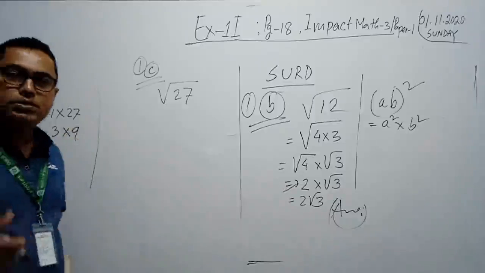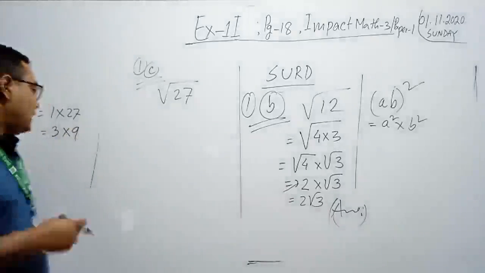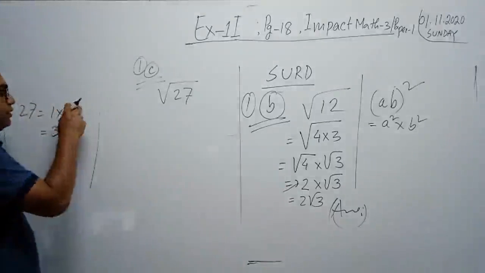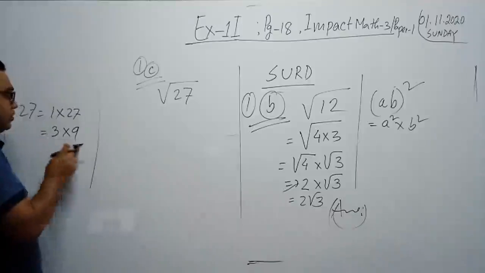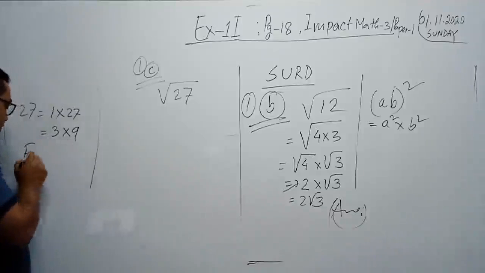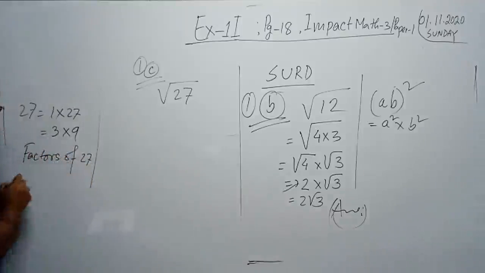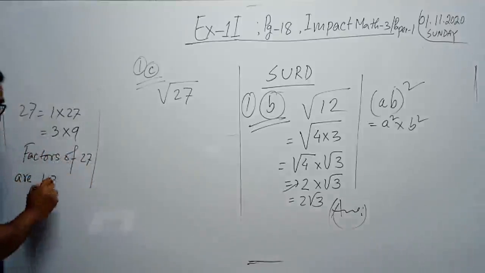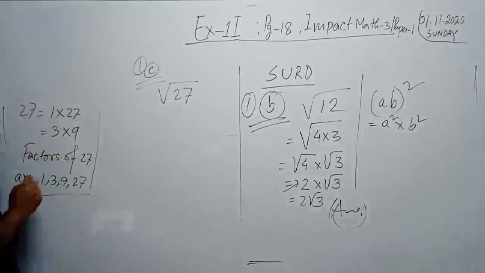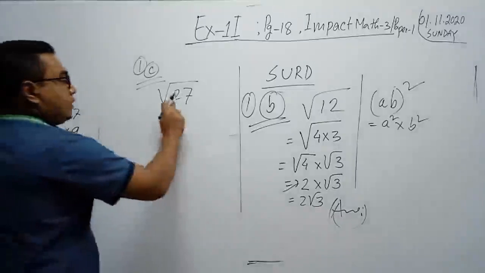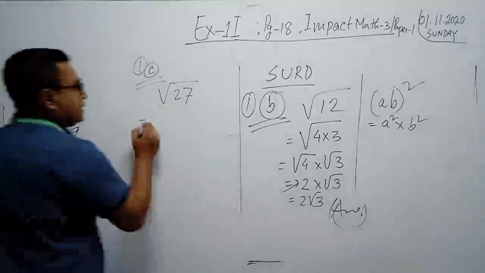And 4, 5, 6, 7, 8, 9. Again, if you divide it by 9, you will get 3. So we don't need to show it. So the factors of 27 are 1, 3, 9 and 27 itself. So inside this 27, we have 1 and 27. So we need those factors.